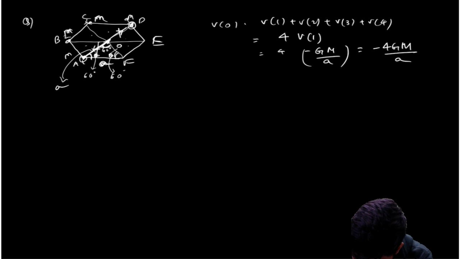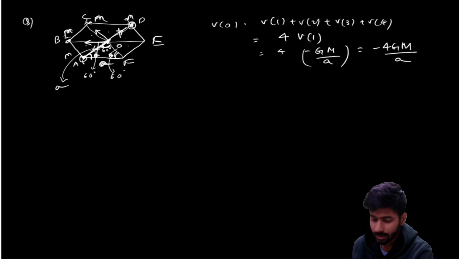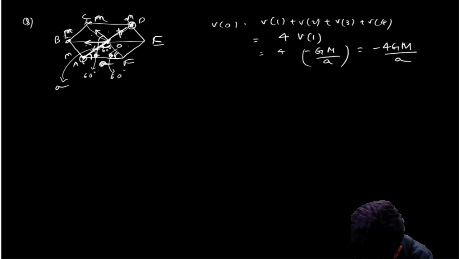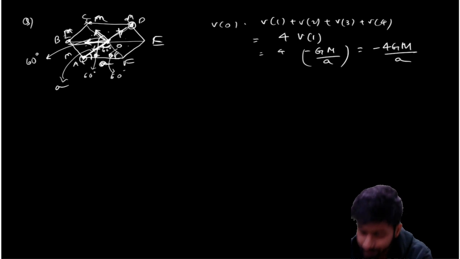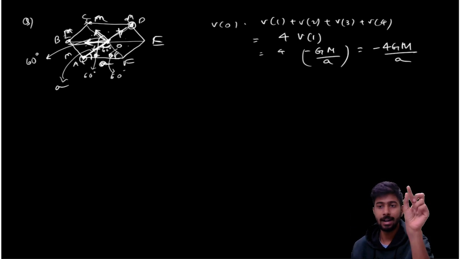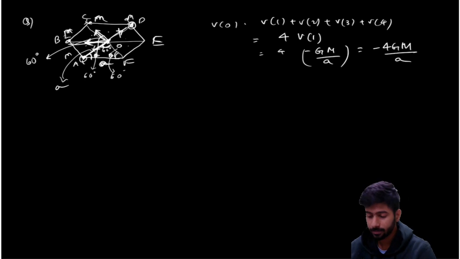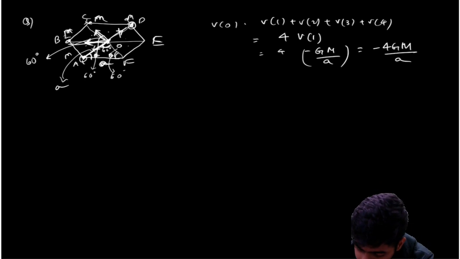Field due to this mass will be in this direction. Field due to this mass will be in this direction. The angle between them is 60. Will these two fields have the same value? Yes, because the mass is the same, and the distance is the same for both. So field is represented by G. I'll calculate the field due to 2.